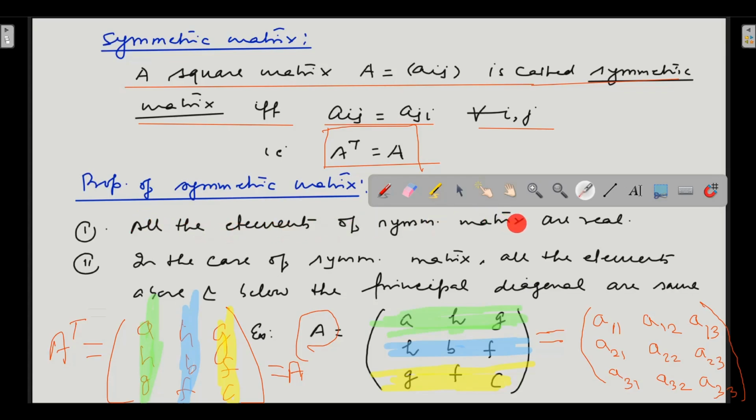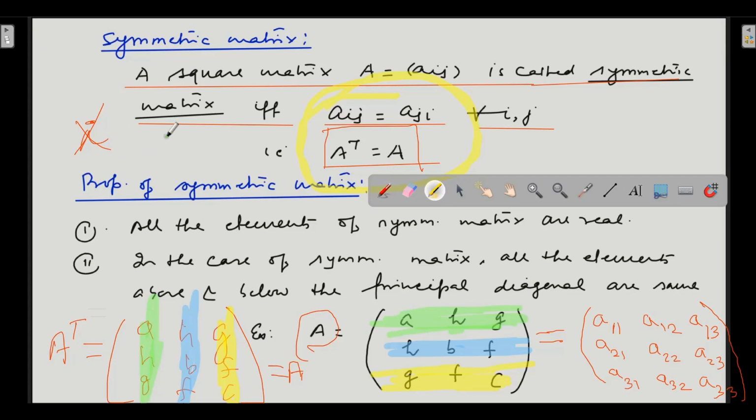All the elements of a symmetric matrix must be real. This is the first condition. I told you regarding these two conditions, and those conditions were also satisfied. Now have a look at these properties of symmetric matrix. If some iota element is there, that is not allowed.